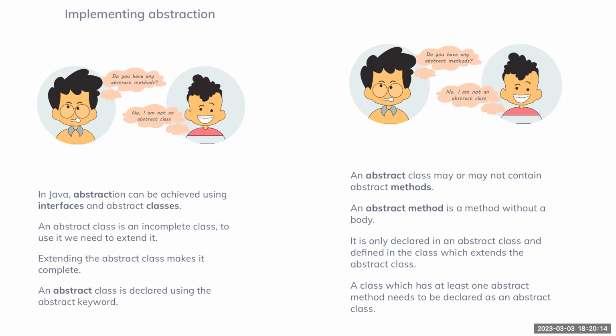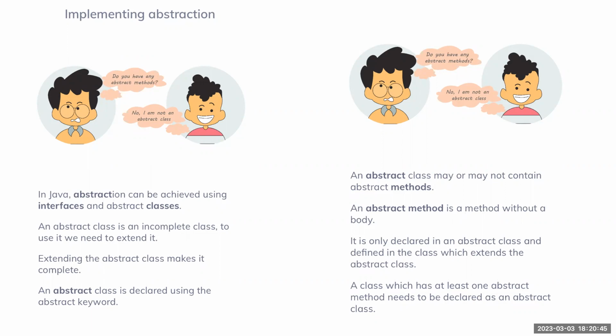An abstract class is declared using the abstract keyword, and an abstract class may or may not contain abstract methods. An abstract method is a method without a body. Whenever you declare a method as abstract, you don't need to add any implementation logic for that method.